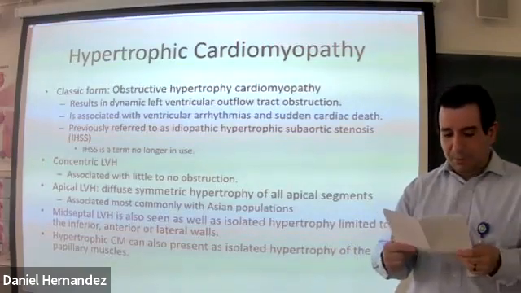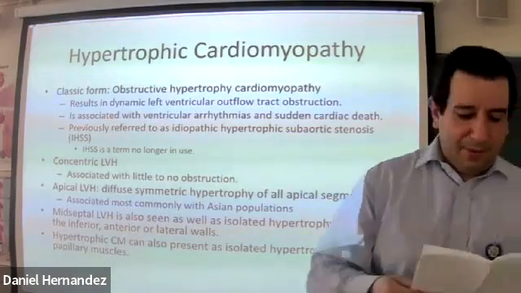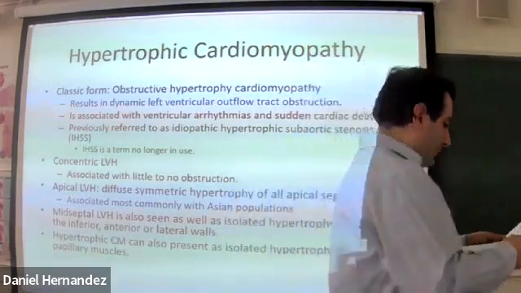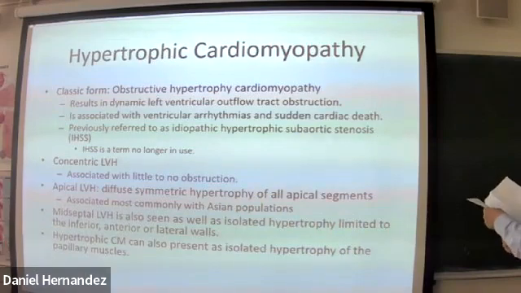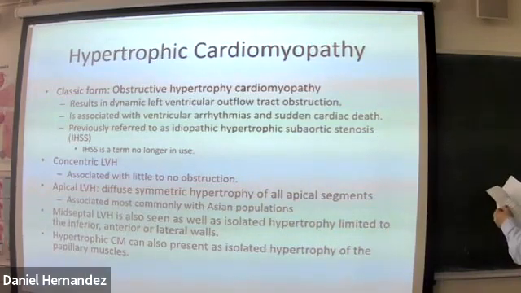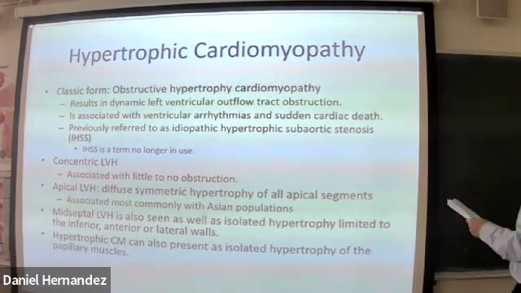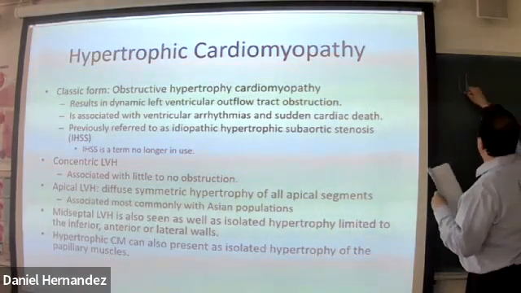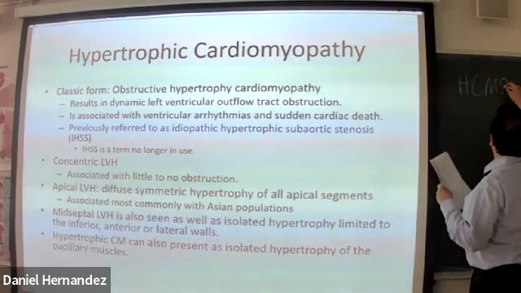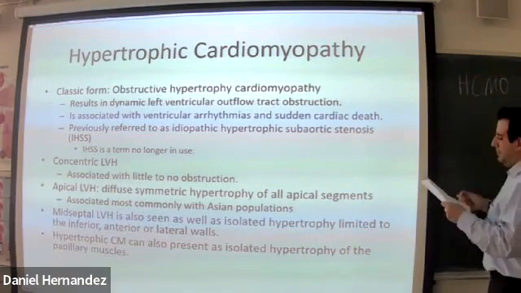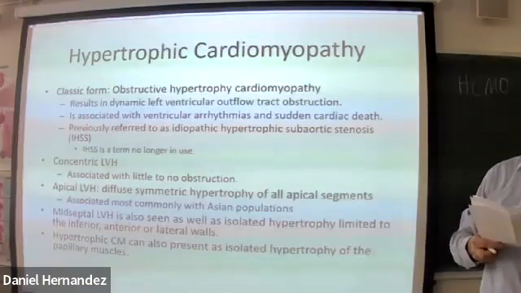I'm just going to throw a couple of acronyms at you, because you might see it described a little differently in some of the literature. Often when you're studying for your boards and reading your book, HOCM. So that's our hypertrophic obstructive cardiomyopathy.